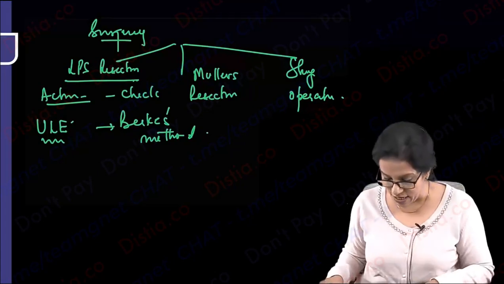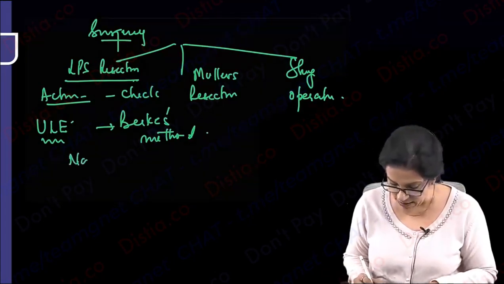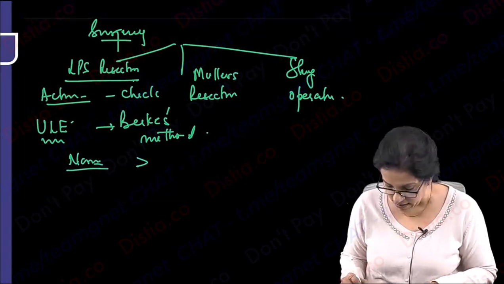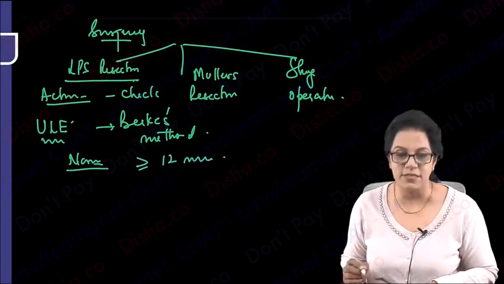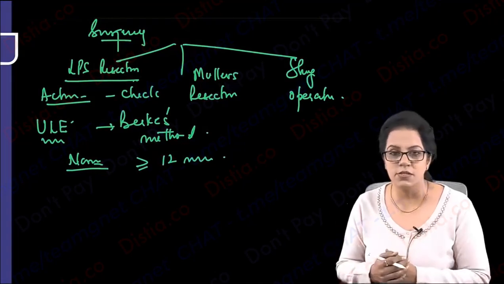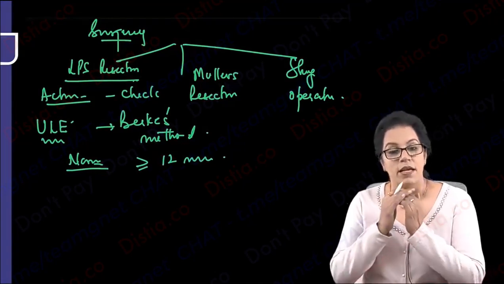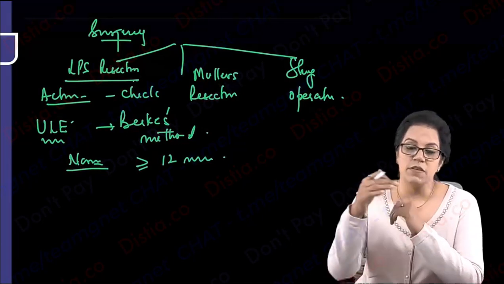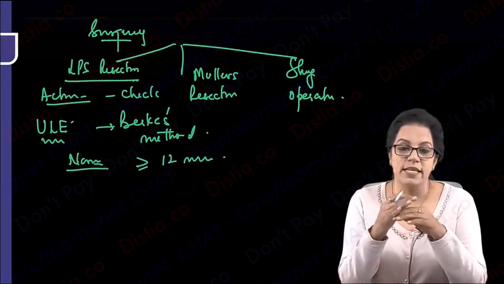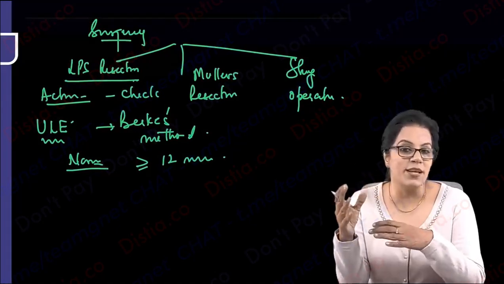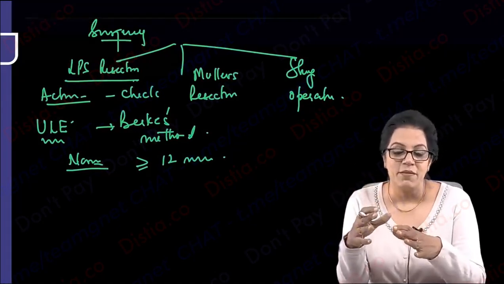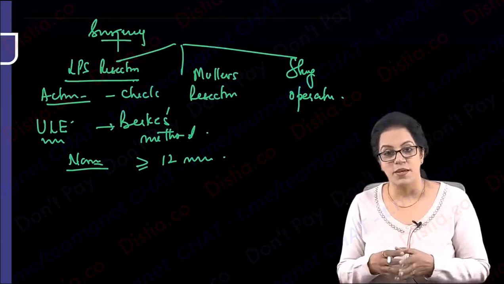Normally, 12 or more is considered normal. Some have 15, 16, which is good. I am not giving all the grading to mug up, I am just saying anything of 12 and more is okay. But of course, it can be less also.